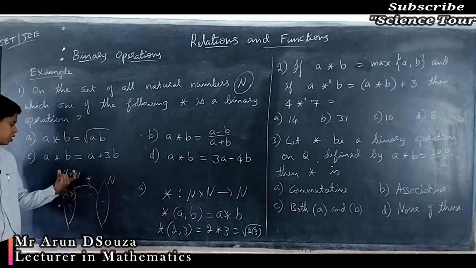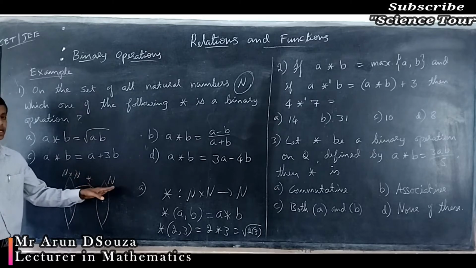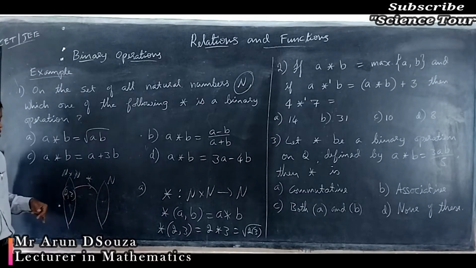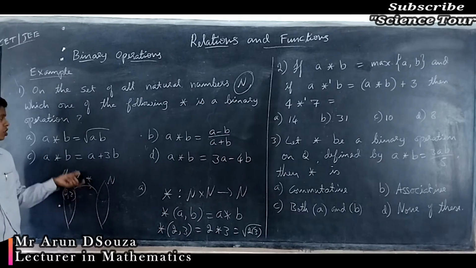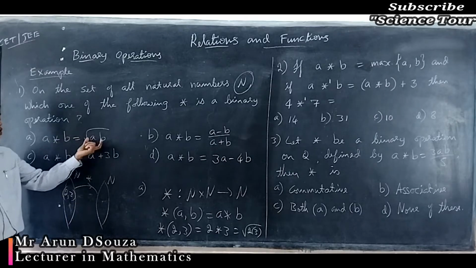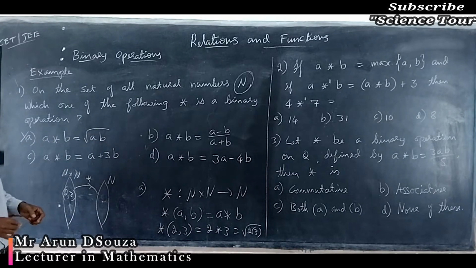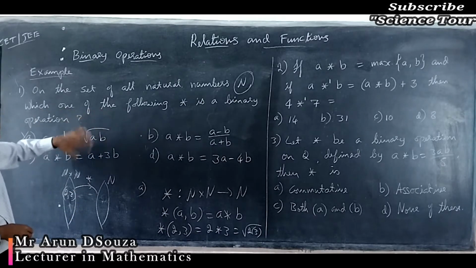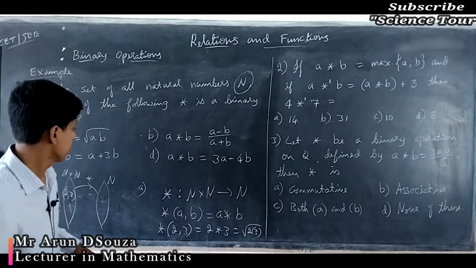Every element in the first set must be related to some element of the second set. Otherwise, that is not a function. Therefore, what we understand is star is not a function if you are taking a star b is equal to square root of ab. Therefore, this is not a binary operation. So which one of the following is a binary operation? So let's continue. What about the next thing?